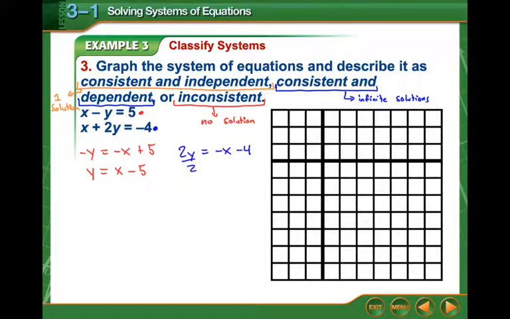And we divide everything by 2. So we have y equal to negative 1/2 x minus 2. So now, looking at this, I can tell right now that because I have two equations with two different slopes, they are not parallel, and that means they are going to intersect. So I know already that my solution is consistent and independent.